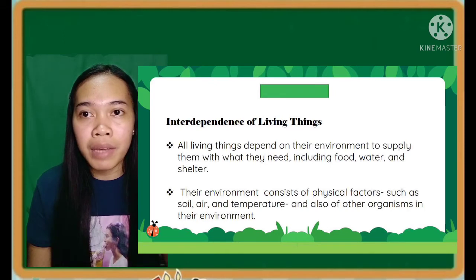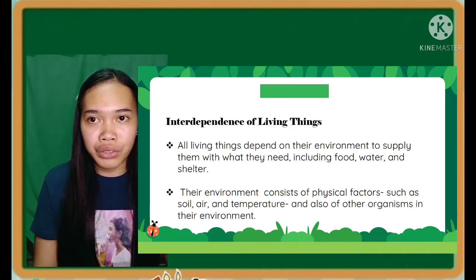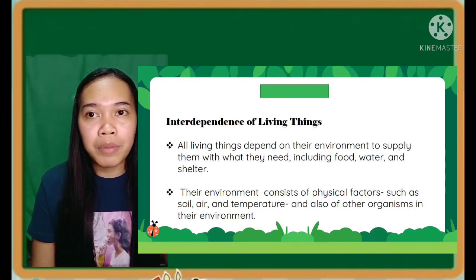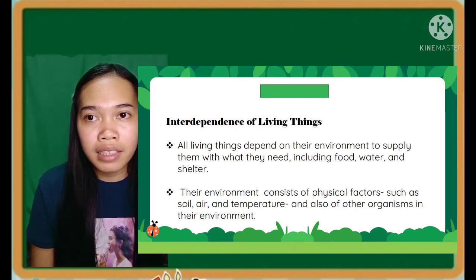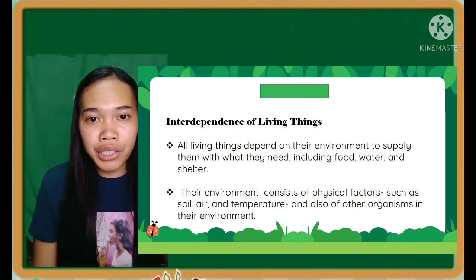All living things depend on their environment to supply what they need, including food, water, and shelter. Their environment consists of physical factors such as soil, air, and temperature, and also other organisms. Interdependence means needing other organisms in order to survive.